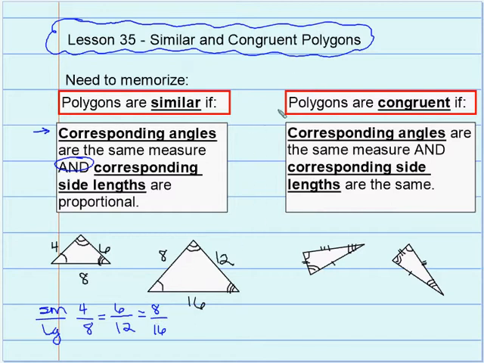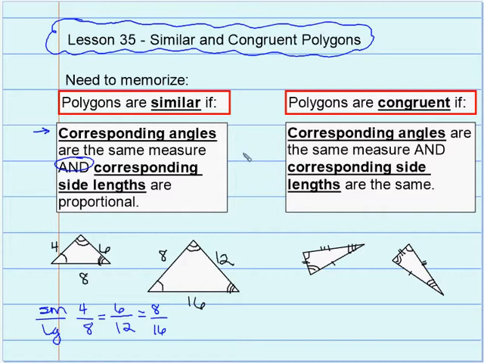Now, the other thing that you need to memorize is that polygons are congruent if the corresponding angles are the same measure and the corresponding side lengths are the same. Okay, so compare the two processes to identify whether we have similar or congruent. In both cases, the corresponding angles have to be congruent.